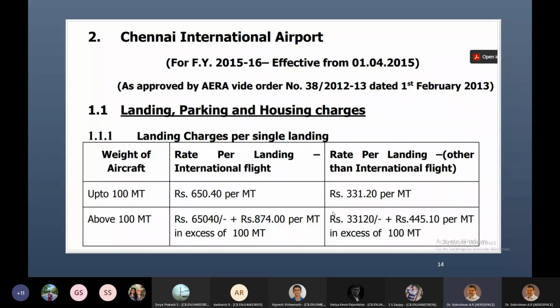is given there. Now what we have in this slide is the landing, parking, and housing charges, which the airlines have to pay to the airport for using their premises.